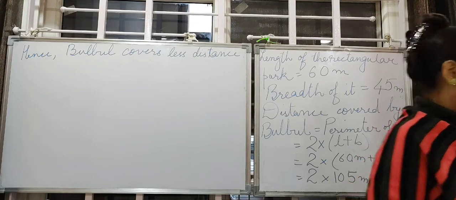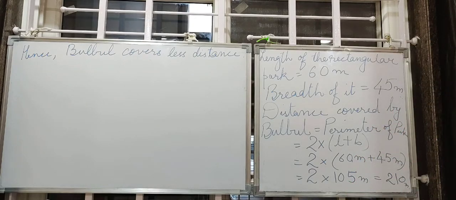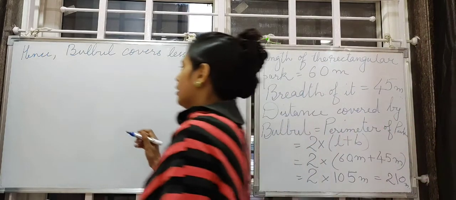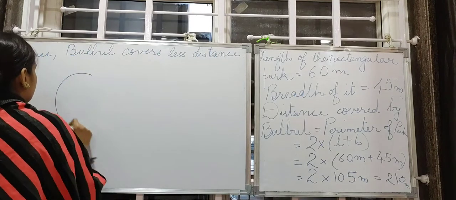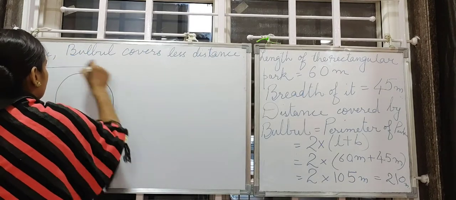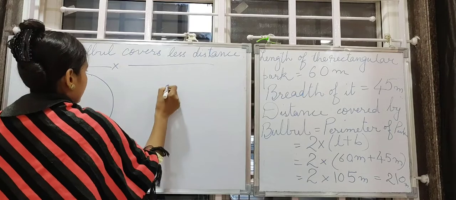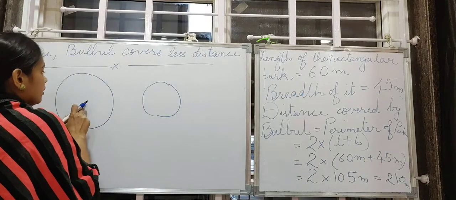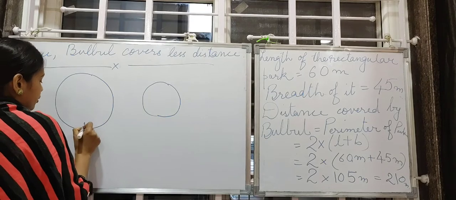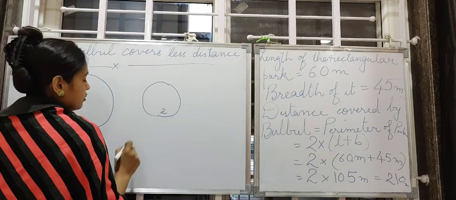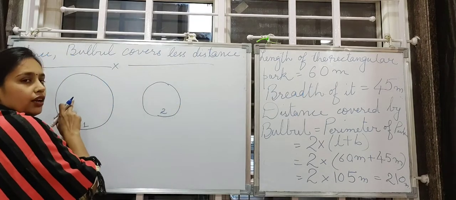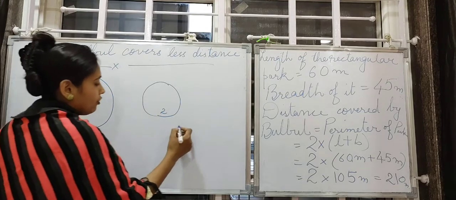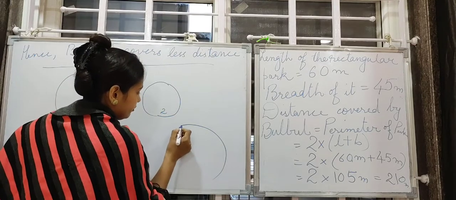Now we shift to the new topic of this chapter, where you can see I am making two circles. Now if I put this circle on this first circle, this is the first circle and this is the second circle, then how will it become?